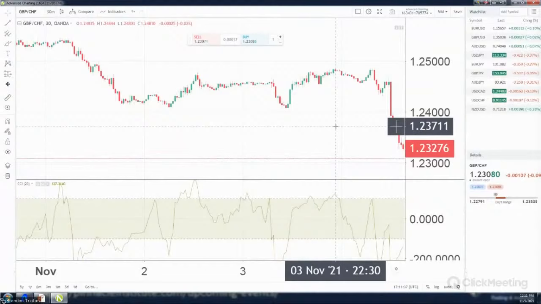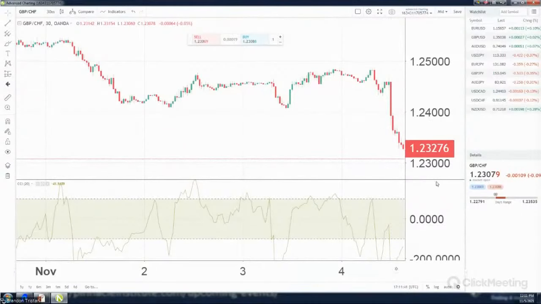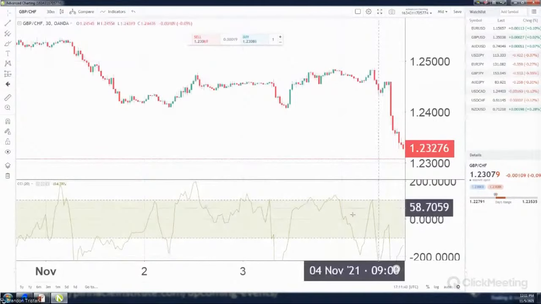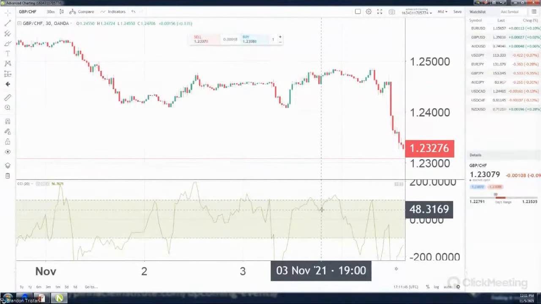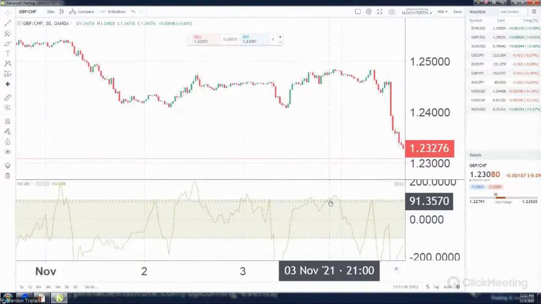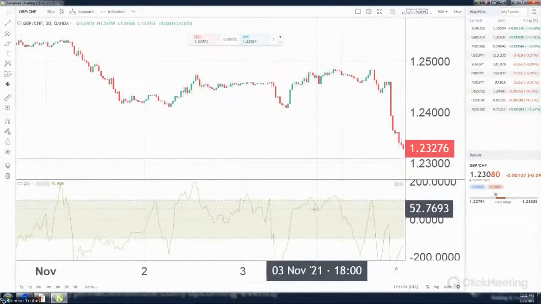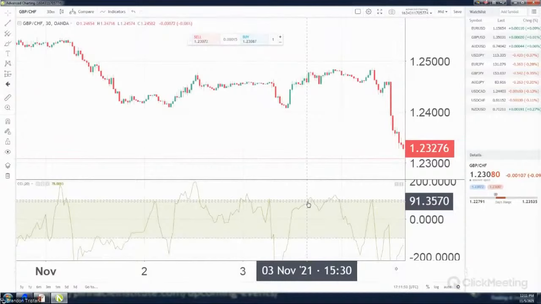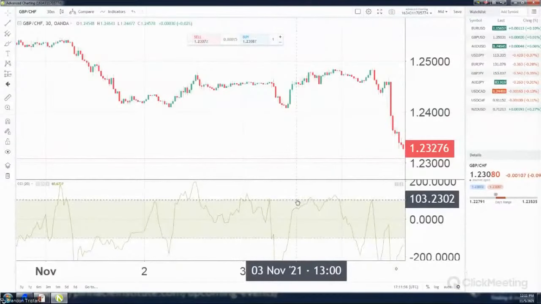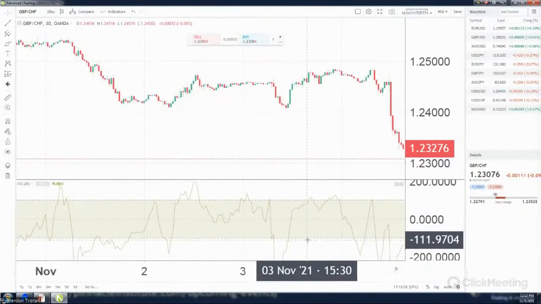So CCI is telling me, if you don't know how to use it, the simple way to use it is when this line, I wish I could get a better view, but this line here, if it goes over this, it's called the 100.